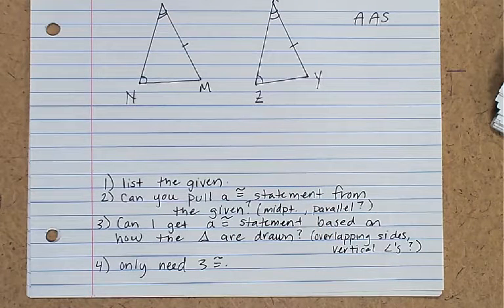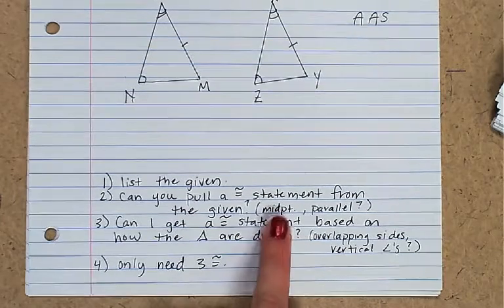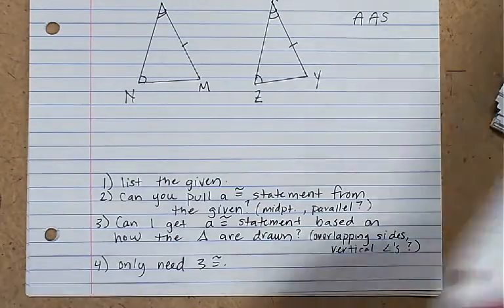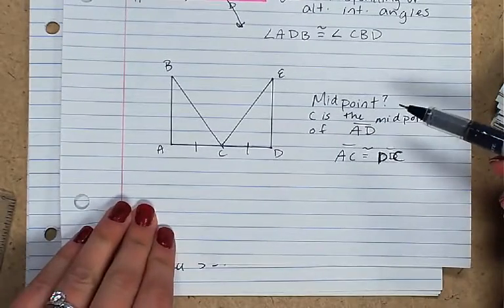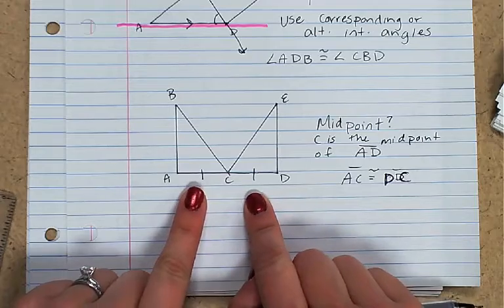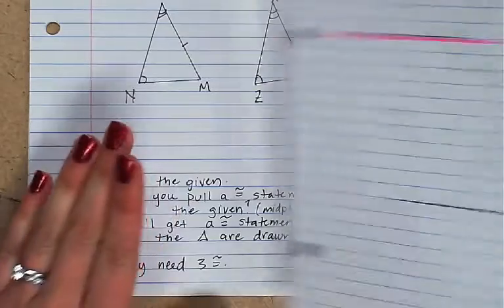But then sometimes after that, they'll say like, D is the midpoint of AE. If that's your given, remember what you should do to pull from that: if they tell you that something is the midpoint, oh great, now I conclude that AC is congruent to DC, because that's what a midpoint is.